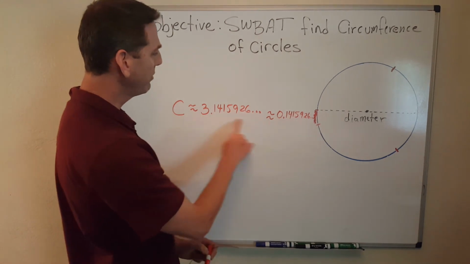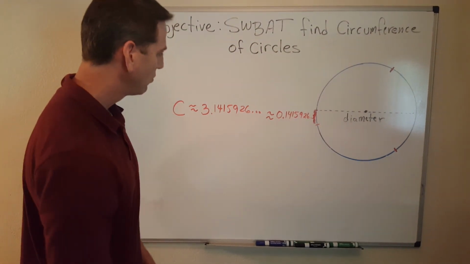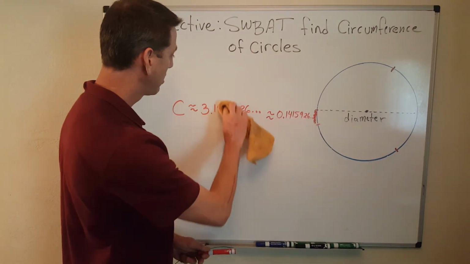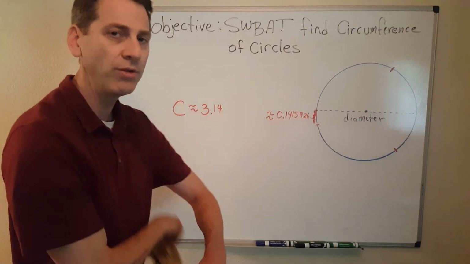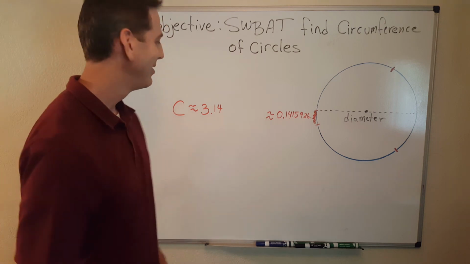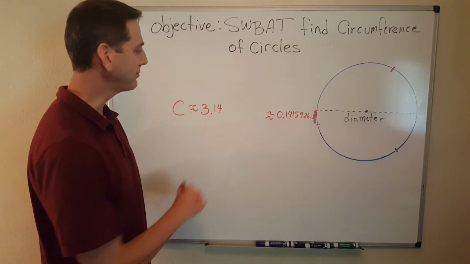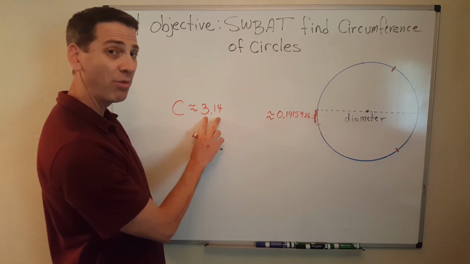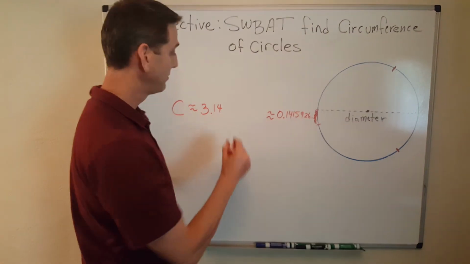Does that number look familiar to you, 3.1415926? Usually we just round it to 3.14, which is the number that we call pi. So the circumference is about 3.14 diameters.